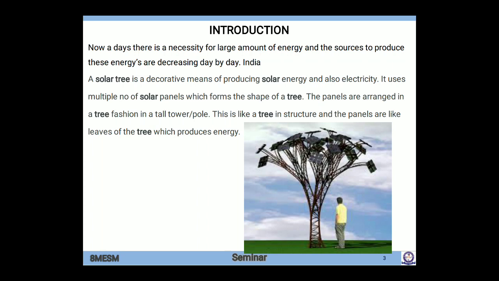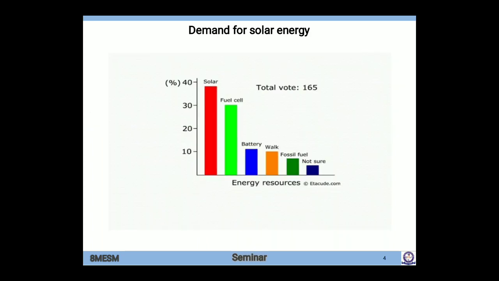You all know that electricity is a basic requirement of our daily life. It uses multiple solar panels which form the shape of a tree. The panels are arranged in a tree fashion on a tall tower pole. This is like a tree in structure, and the panels are like the leaves of the tree which produce energy. The panels are connected to the tree to produce electricity.